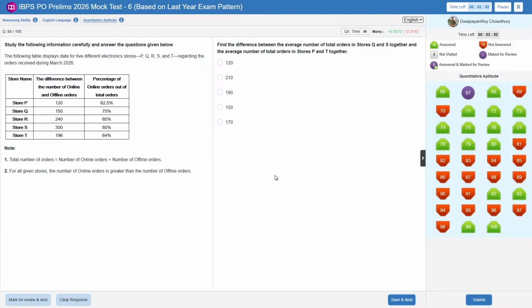So online 5, offline 3, difference 2. So 60 times 300, 60 times 180. Then 50% is this. Then 200. Just a second. 50. So total 300. So then 225 and 75.